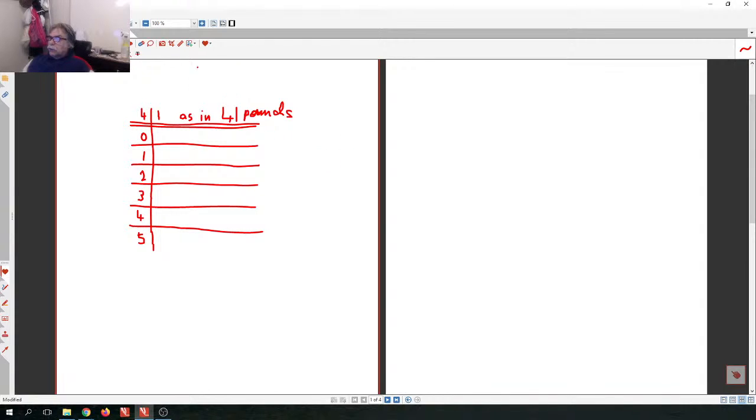Then you are going to be sorting the data, tallying the data the way you would do whenever you're tallying something.